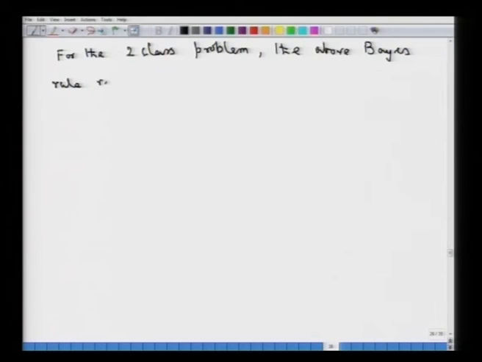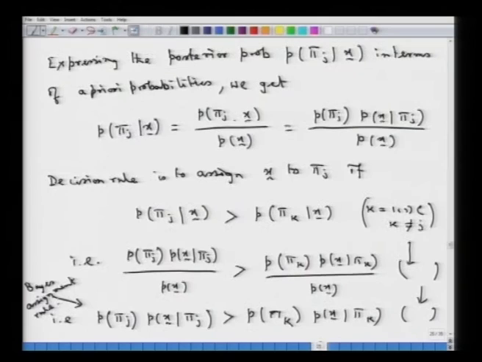In the general case we assign x to π_j if p(π_j) multiplied by the density of x under π_j is largest.